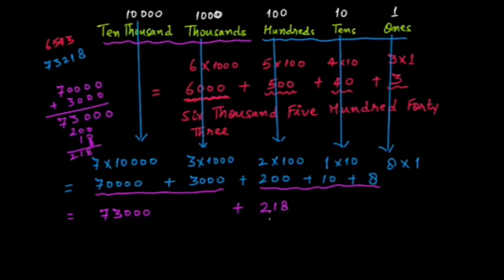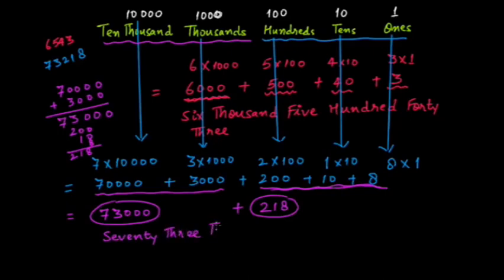So this is 218. Now, how do you read this? You'll read this 73,000 separately, and this one separately, that is 218. So you'll read it 73,000 218.